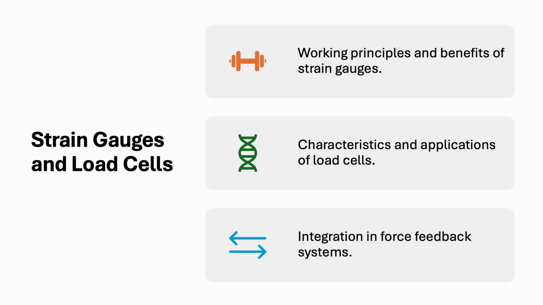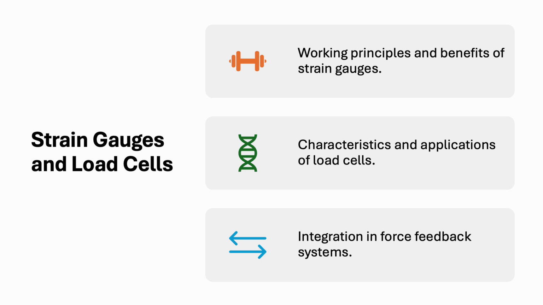A load cell typically consists of a metal body to which strain gauges are bonded, arranged in a Wheatstone bridge configuration to maximize sensitivity and compensate for temperature variations. When a load is applied to the cell, the resulting deformation causes a change in resistance of the strain gauges, which is then translated into an electrical signal proportional to the applied force.